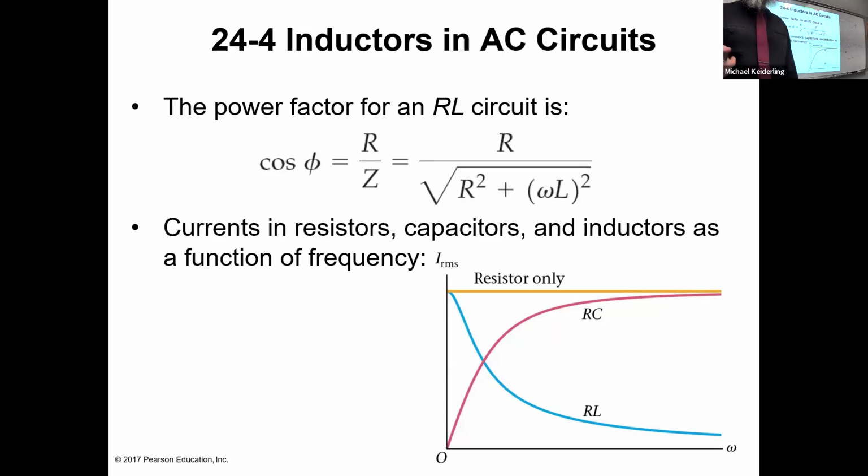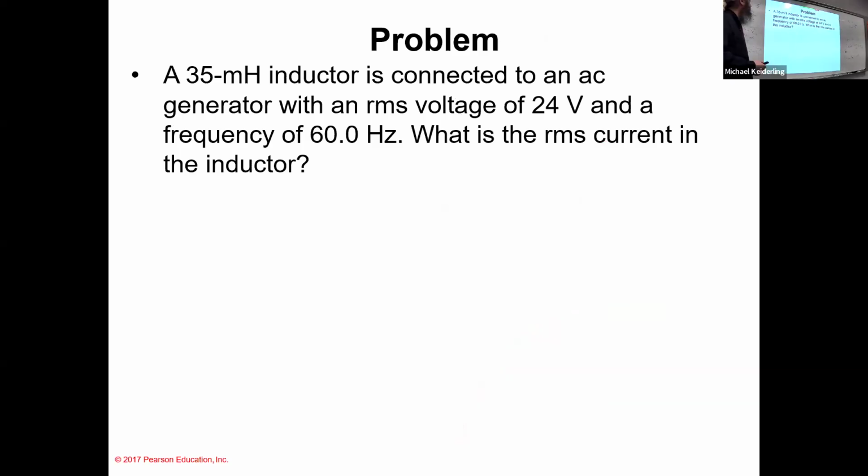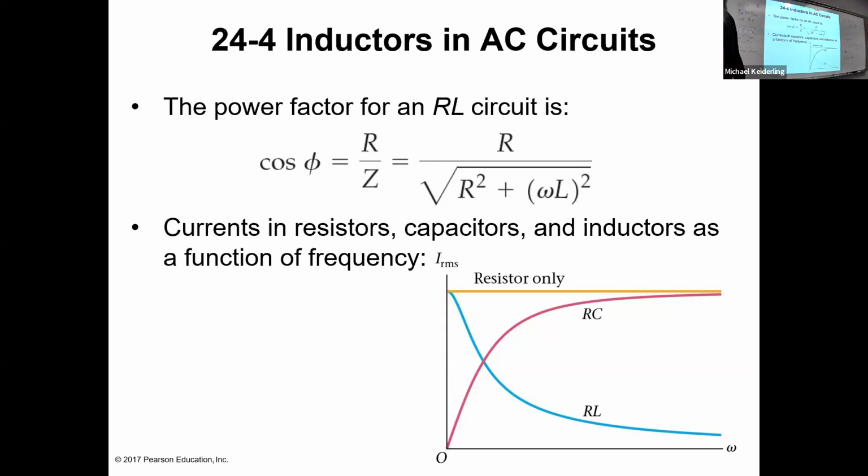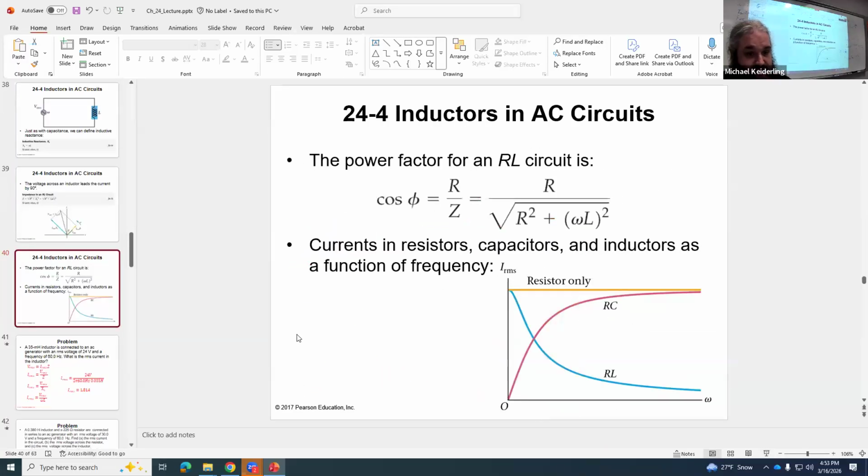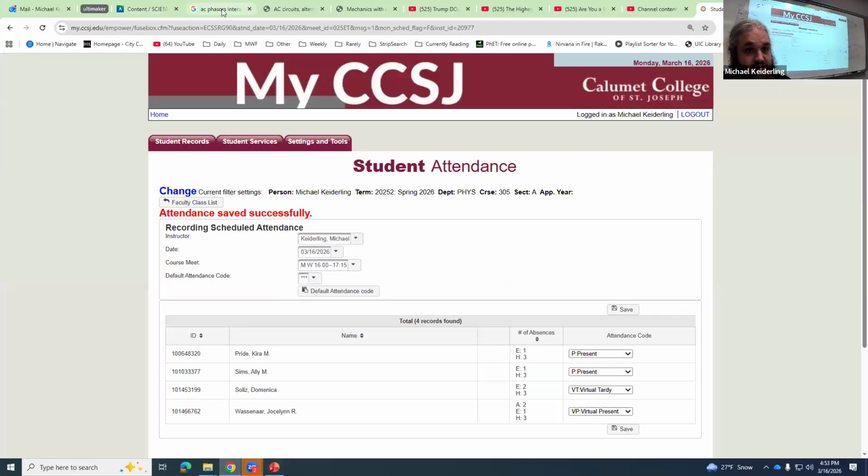Inductors let through current at low frequency. So capacitors are high pass, inductors are low pass. And then I will show you an animation of an inductor and an RL circuit.